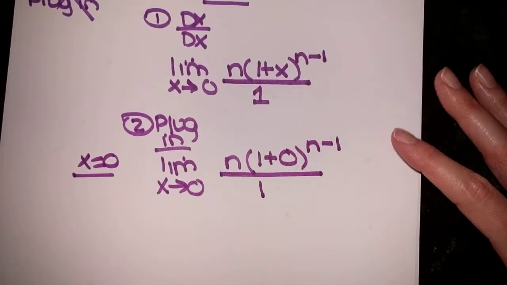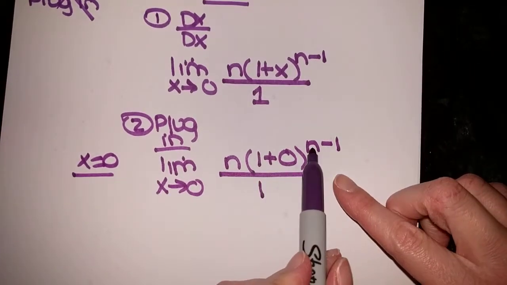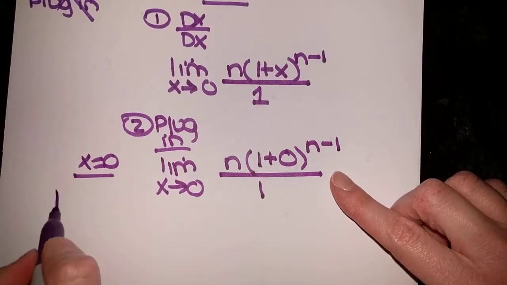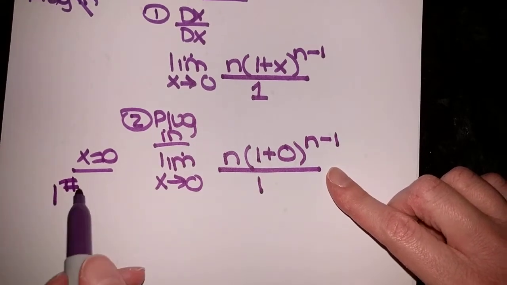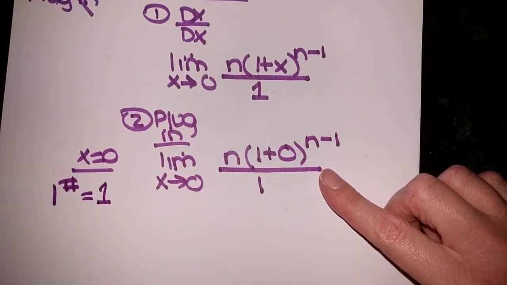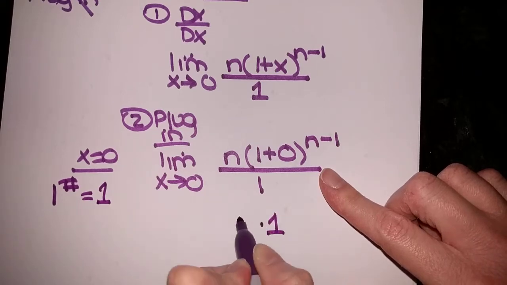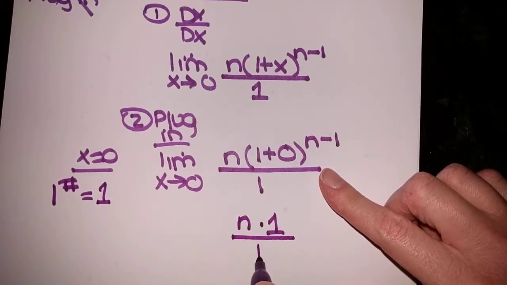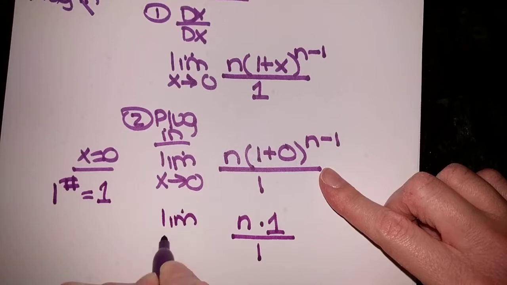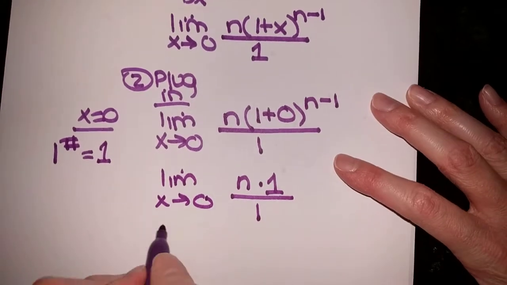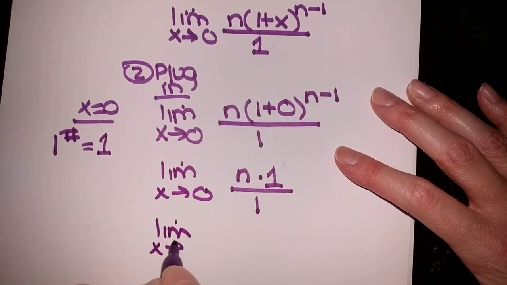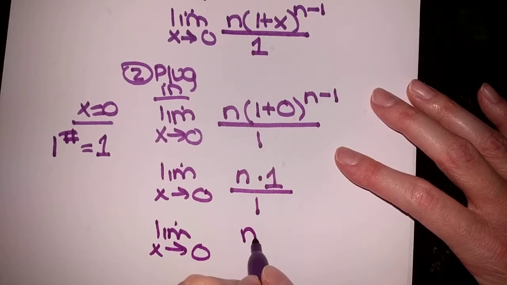What's so cool about this is that 1 to any power is going to be equal to 1. So we're going to have 1 times n over 1, limit as x goes to 0. So we have the limit as x goes to 0 of n.